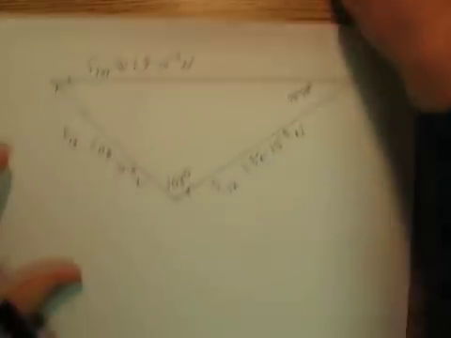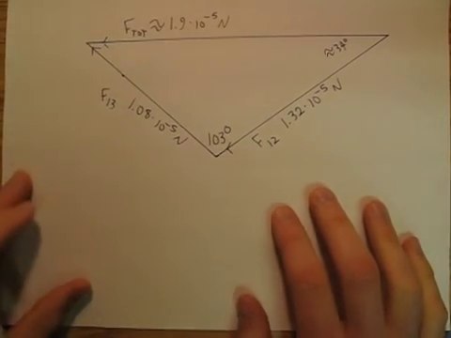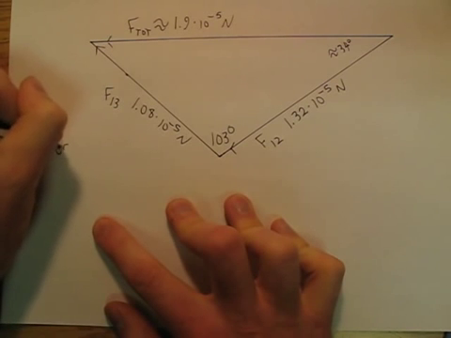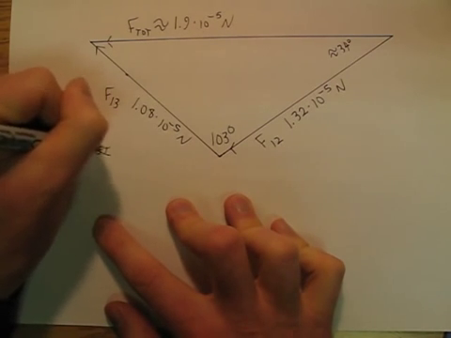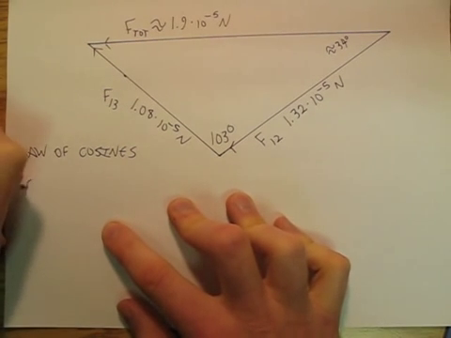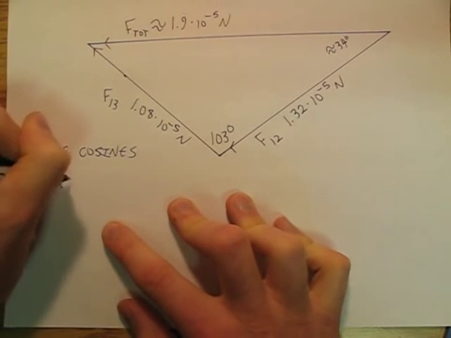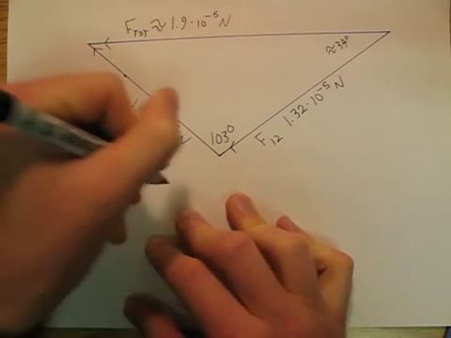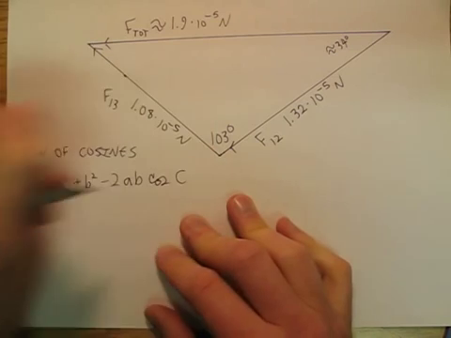But we can use our good friend law of cosines, and we can say c squared equals a squared plus b squared minus 2ab cosine c.